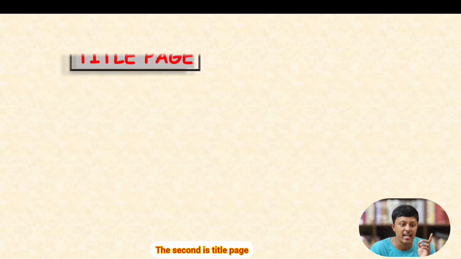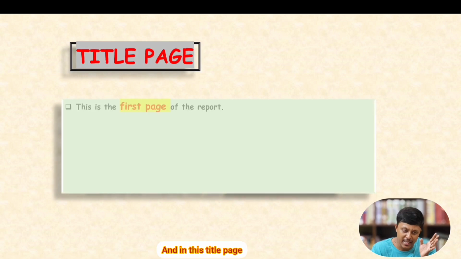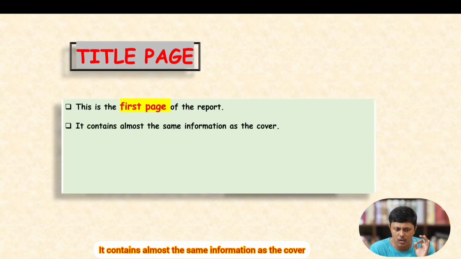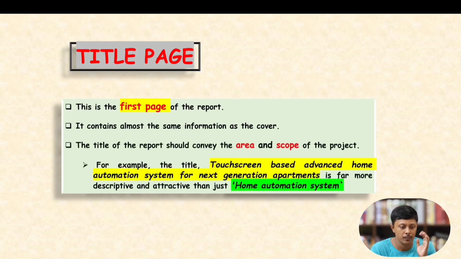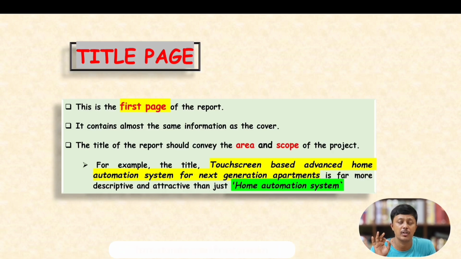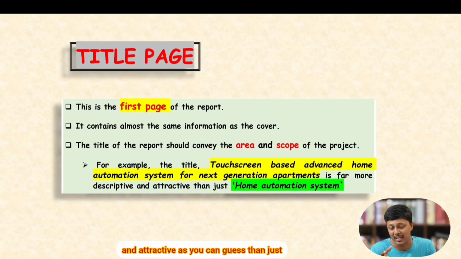The second is the title page. The first page of the report is the title page. It contains almost the same information as the cover. The title of the report should convey the area and scope of the project. For example, the title Touchscreen Based Advanced Home Automation System for Next Generation Apartments is far more descriptive and attractive, as you can guess, than just Home Automation System.